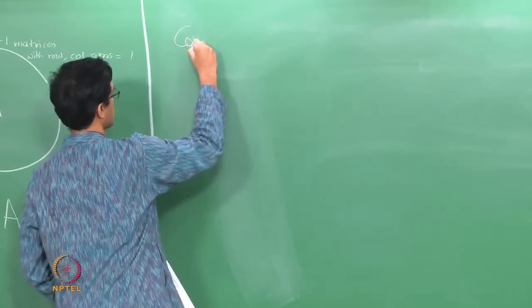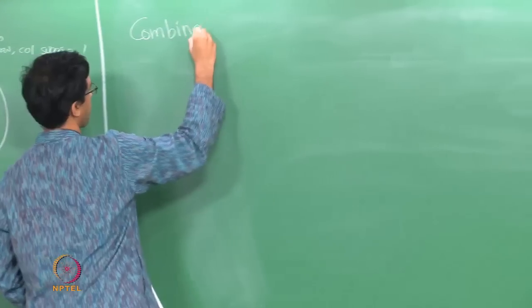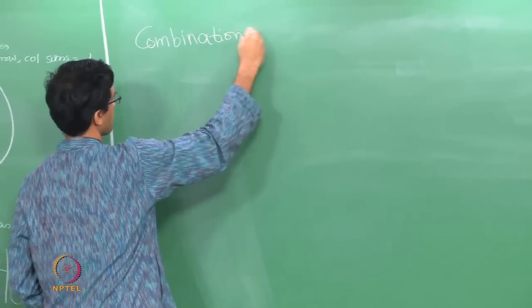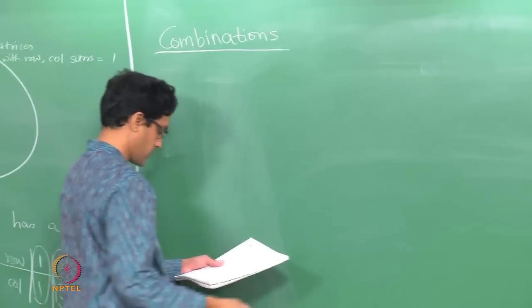Okay, so I just talked about permutations. The other important notion is those of combinations. So combinations, again the typical problem here.